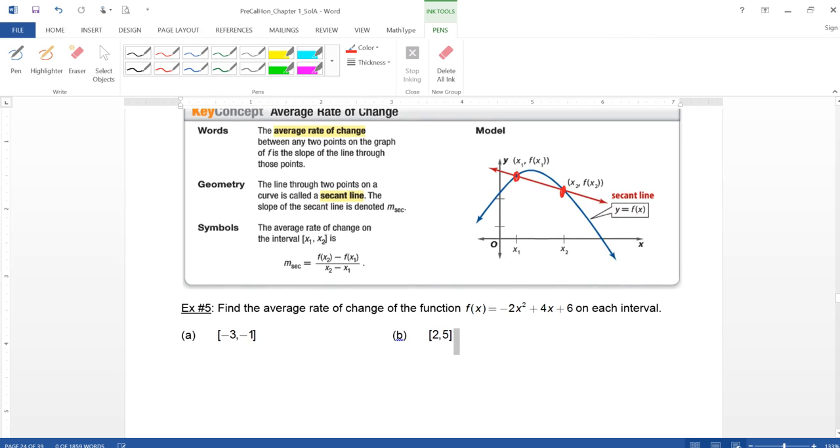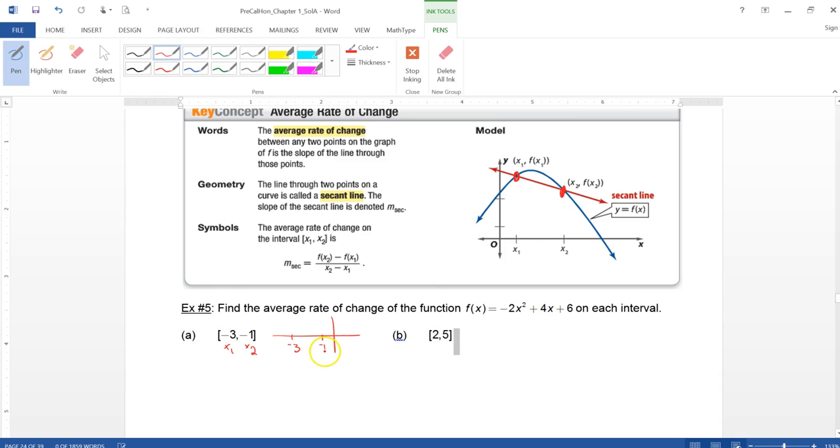Now, in order to find the average rate of change, this is the formula. What you have here is your x1 and your x2, and you have your y1 and your y2. This is an interval x1, x2. So we're basically looking at -3 to -1.